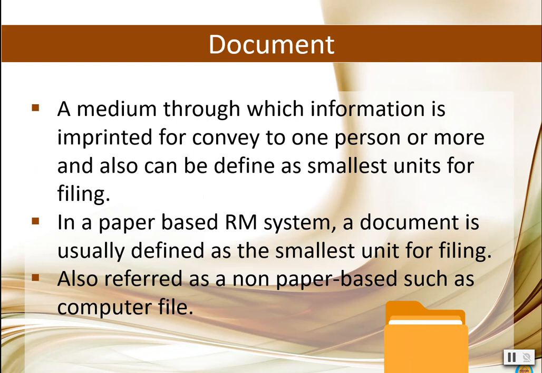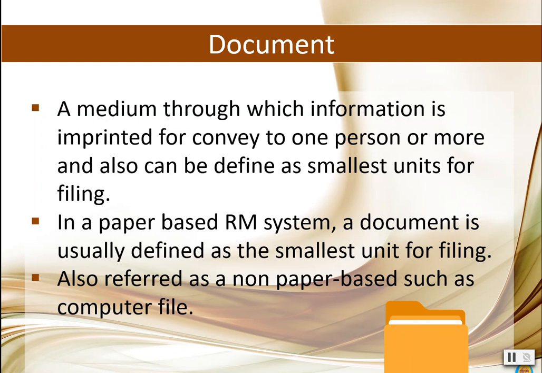For example, when you submit an assignment to your lecturer, a piece of paper is a document. We can use it for filing. Notes for subject 131 are also a document.